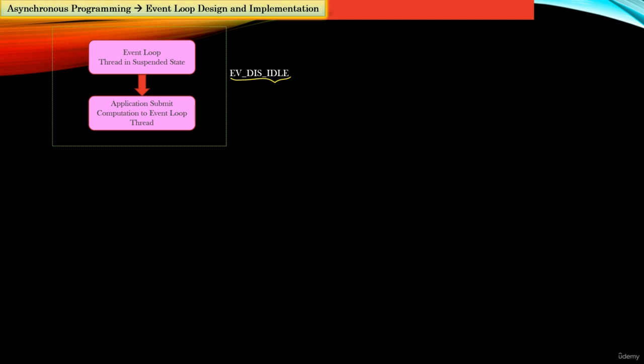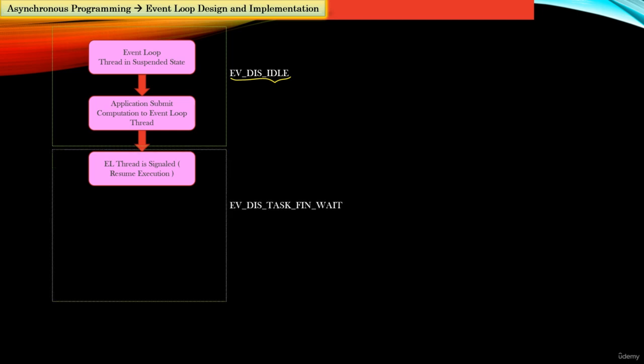And once the application submits a computation, the event loop thread is signaled, or in other words, we say that it resumes its execution. So when the event loop thread is executing and firing the computation from its task array, we say that the event loop thread is in the following state, that is finish wait. The event loop thread is waiting to finish its work.